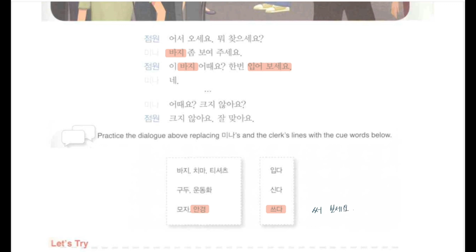좋습니다. I'll do 점원. 제가 할게요. 여러분이 미나 하세요. 시작. 어서 오세요. 뭐 찾으세요? 이 안경 어때요? 한번 써보세요. 크지 않아요. 잘 맞아요.